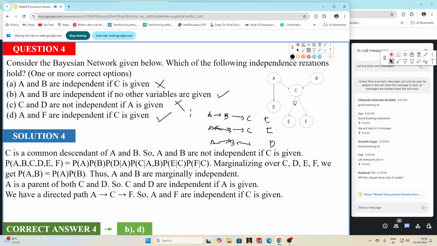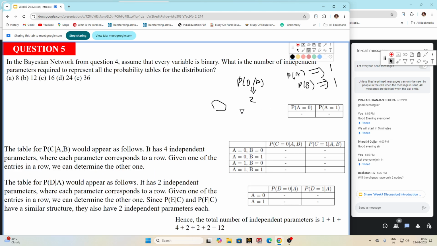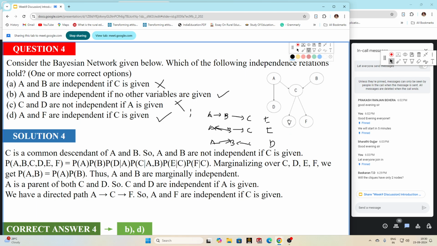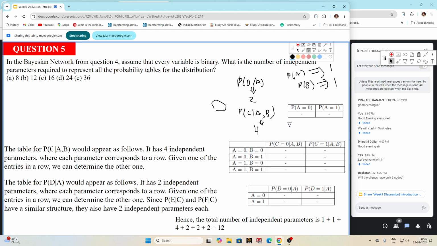Now P(C given AB), with A and B, we will have four cases. Last thing, P(E given C) and P(F given C): for each we will have two cases.